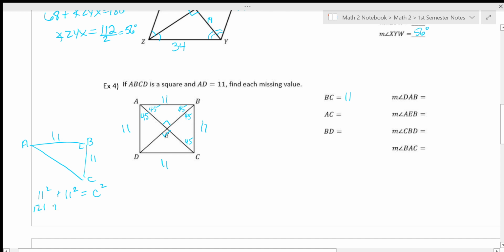That is 121 plus 121 equals C squared. So 242 equals C squared. So our diagonal AC is approximately the square root of 242, which is about 15.6.